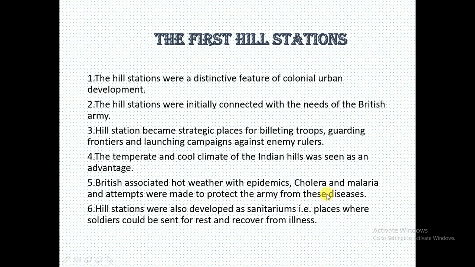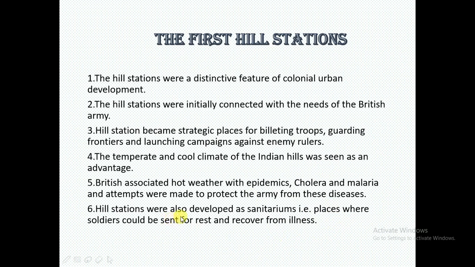As I told you, from the Black Town the British got the fear of epidemics like cholera, malaria and other diseases. The British were responsible for protecting European soldiers from such diseases, so they needed a cold climate and weather. That's why they often sought the hill station, right?